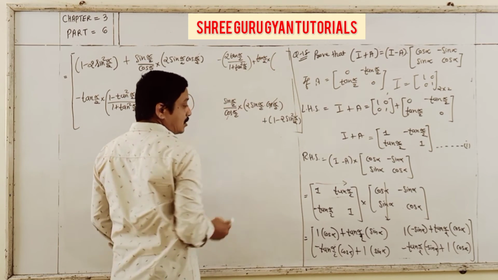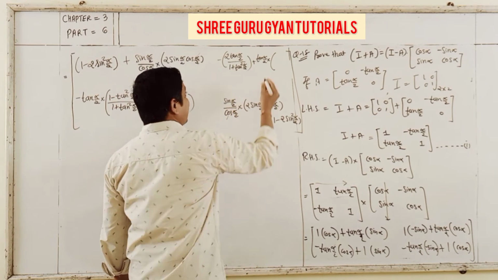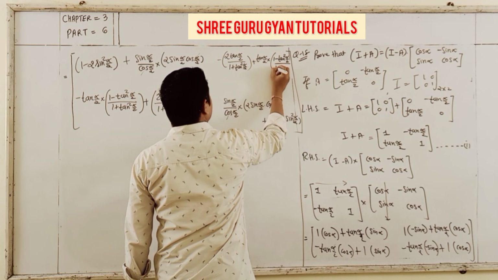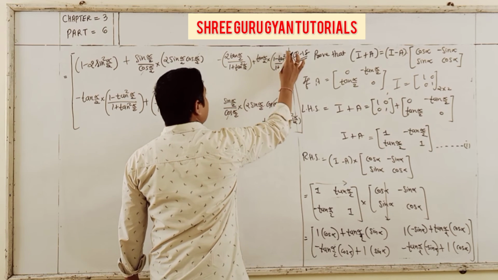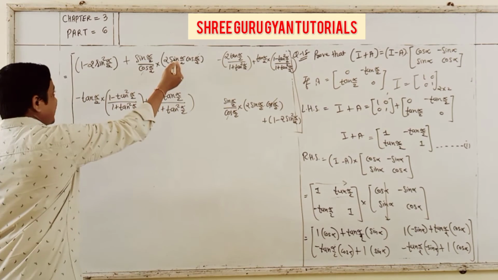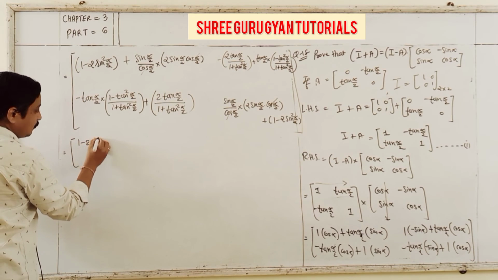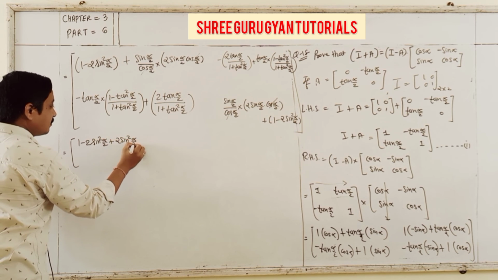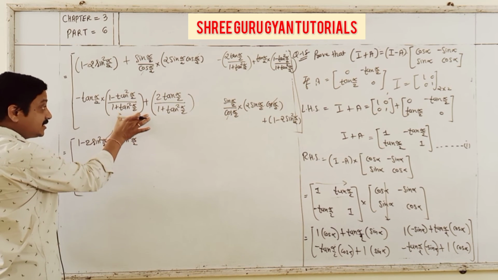And now cos alpha: similarly write the cos alpha in terms of tan, 1 minus tan square alpha by 2 upon 1 plus tan square alpha by 2. That's how we will take the LCM. So these cancel. You only have 1 minus 2 sin square alpha by 2 plus 2 sin square alpha by 2. This cancels. Simple. And here take the LCM.